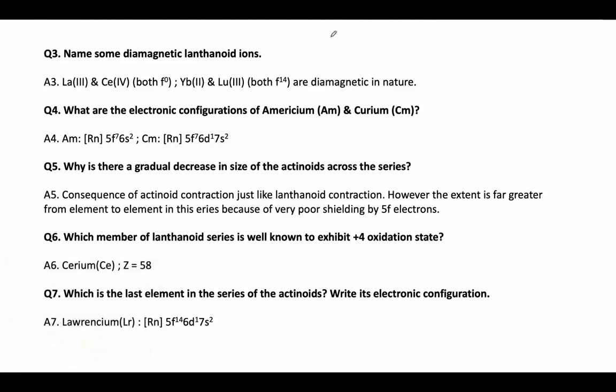We shall discuss those. First one is lanthanum. Lanthanum has the electronic configuration 5d1, 6s2. Here you can see lanthanum has this configuration 5d1, 6s2.